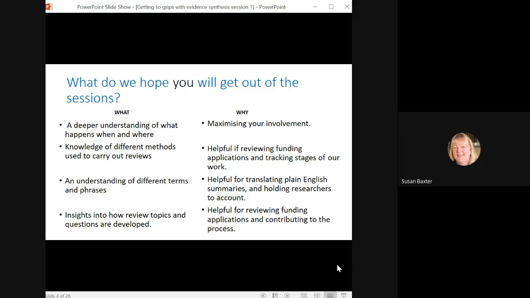We also are going to be looking at how review topics and questions are developed. And we hope that this might be helpful to you, again, if you're looking at reviewing funding applications in your other work, but also in terms of contributing to the process for what we do here in the evidence synthesis centres.